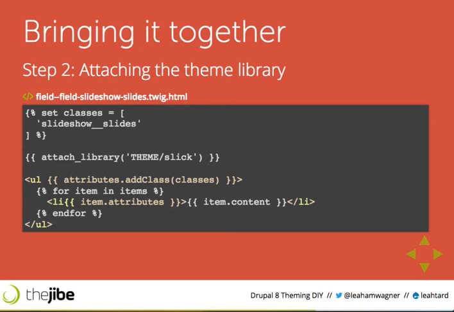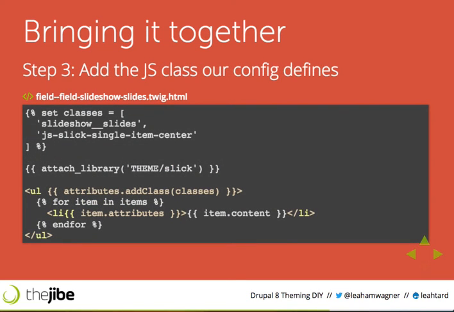So the last step is adding that JavaScript class to our element. And this is, again, not a necessary step, but it's something we like to do in terms of best practices. It's keeping the classes your JavaScript is targeting completely separate from your CSS.